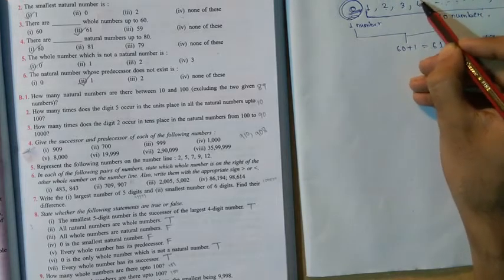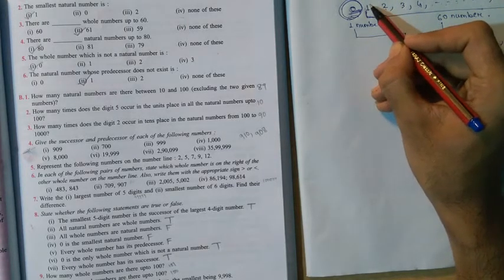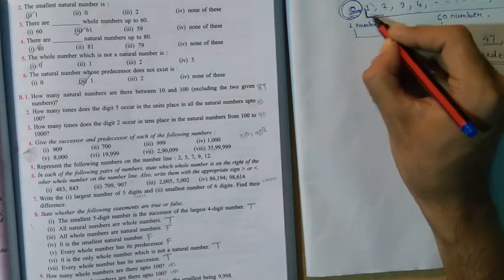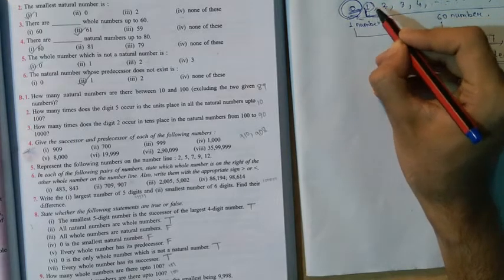If you look at 4, it has the predecessor 3, or if you look at 62, it has the predecessor 61. But if we look at the smallest natural number, that is 1, does it have any predecessor? Natural numbers start from 1 itself. Before that we don't have any natural number, so 1 will not have any predecessor. So here the answer will be 1.